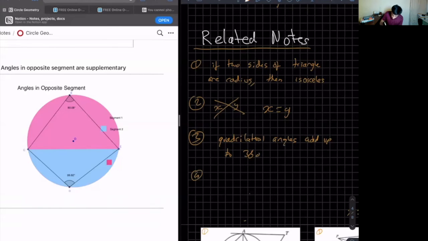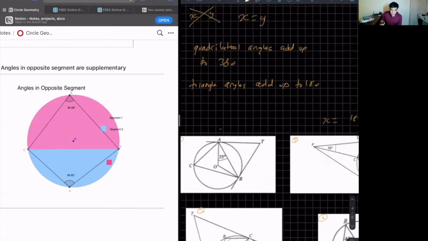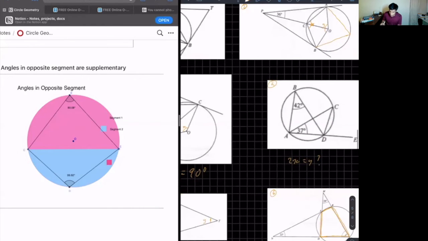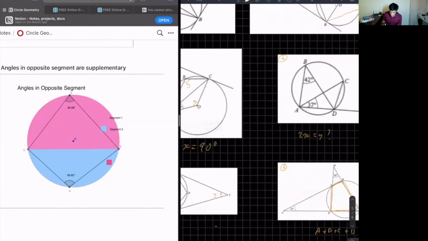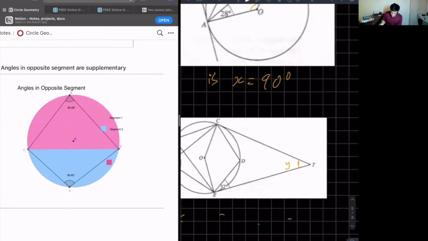And at the same time, we can write down triangle angles add up to 180. I'm stressing this because it is used very frequently in these angle properties. For example, if we come in here, A, B, C, D. Again, this is a weird looking quadrilateral, but still a quadrilateral.